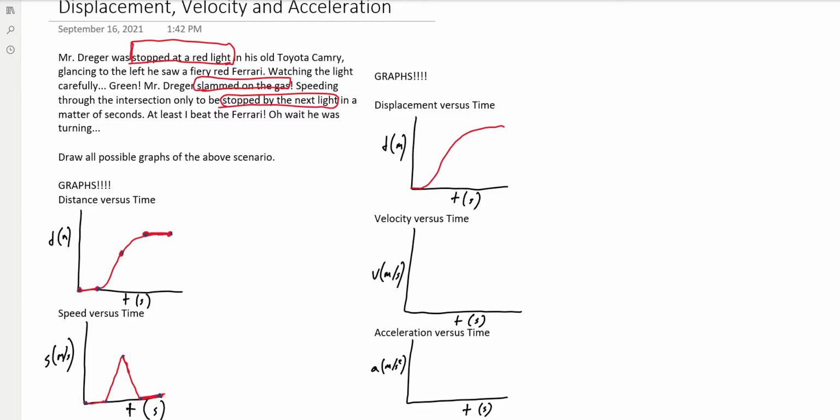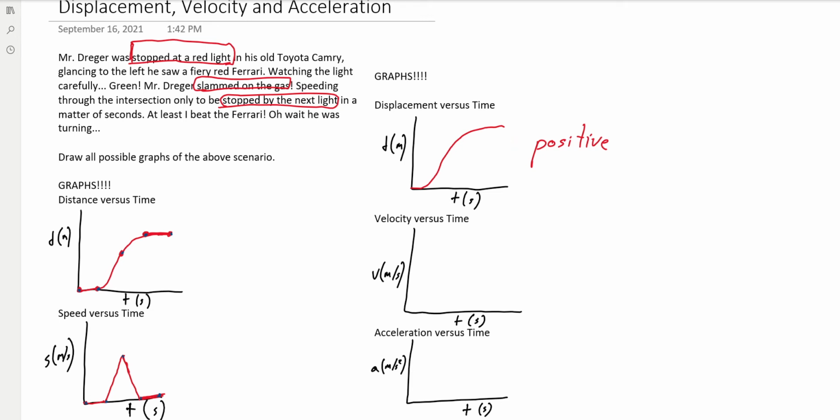So our displacement is positive the whole way. But if I turned around and went back, this would start going back down, but not in this case.